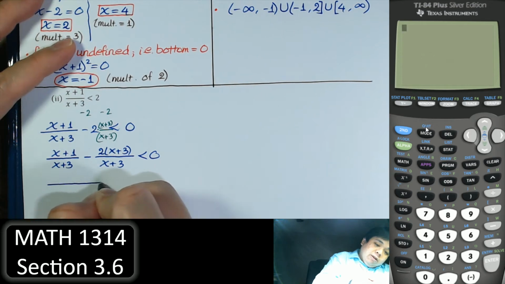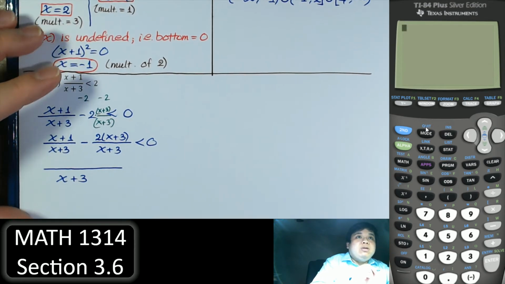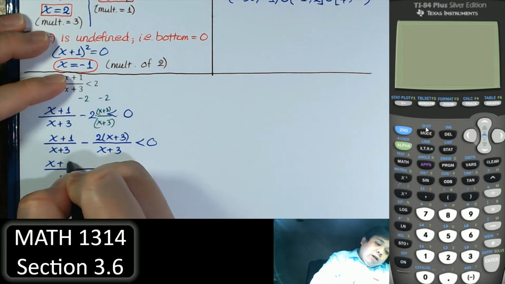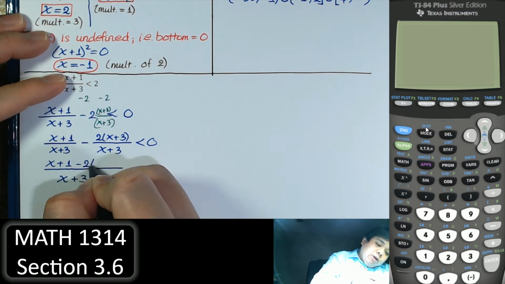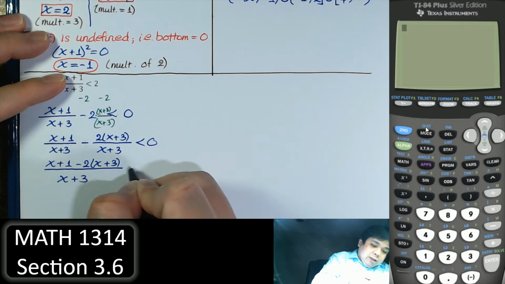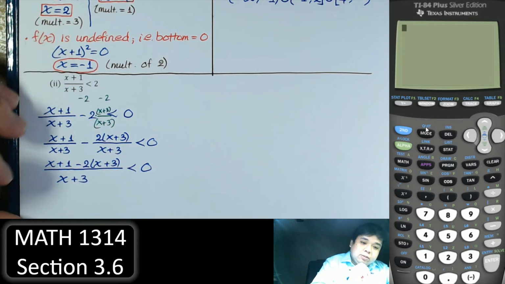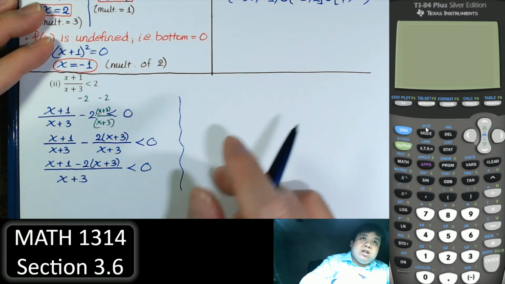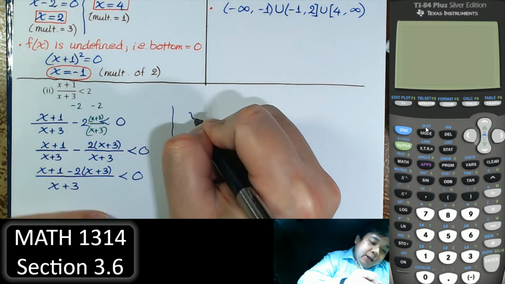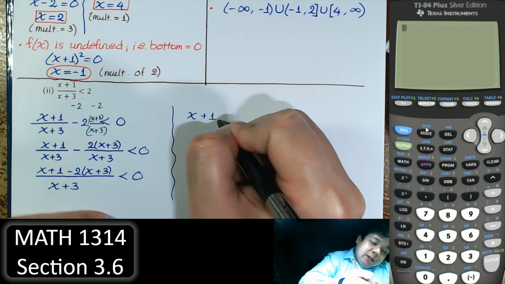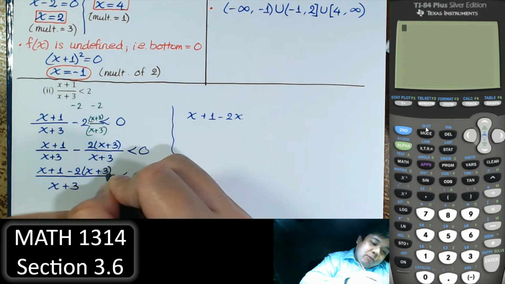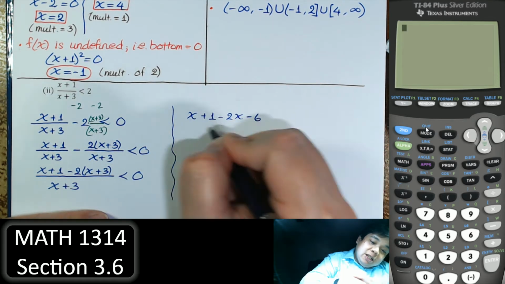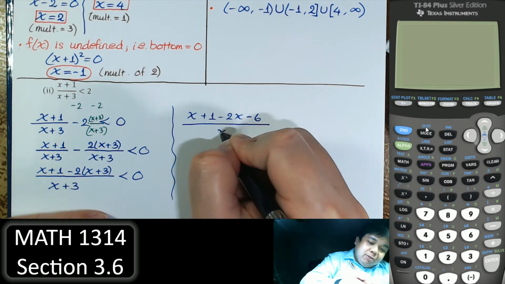Combine the top over x plus 3, I have x plus 1 minus 2 times x plus 3, and continue over here. x plus 1 minus 2x, multiply them out, minus 6 over x plus 3.